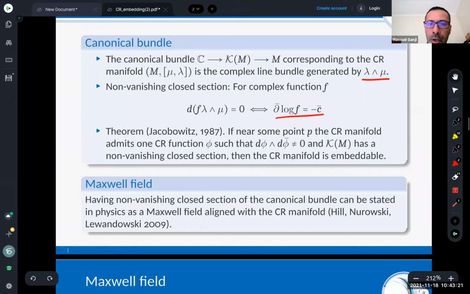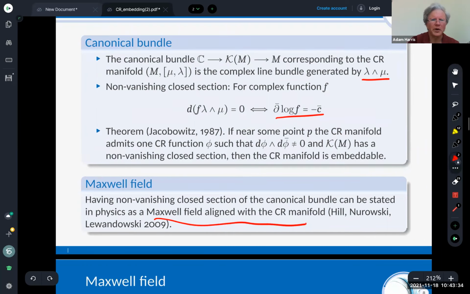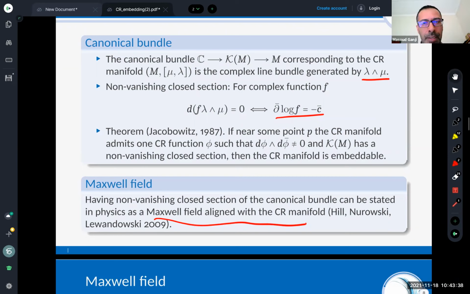In this slide, I don't need any metric. I haven't started Lorentzian. Here I said Maxwell will align with the CR manifold. So if we go back to that M cross R that you talked about previously. Yes, exactly. The underlying topological space of this Lorentzian manifold is M cross R. I'll introduce that a bit later.